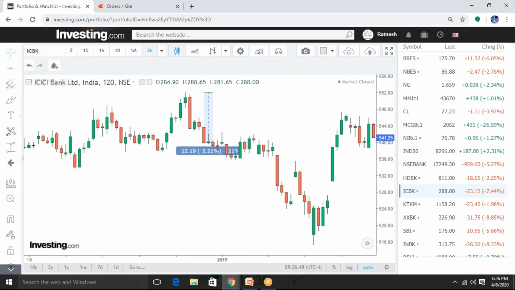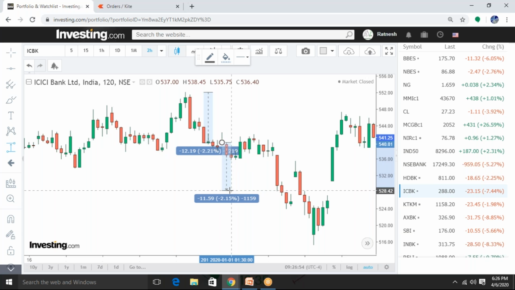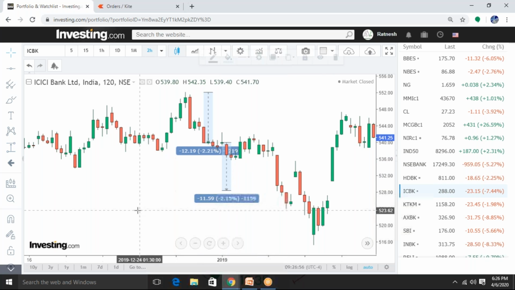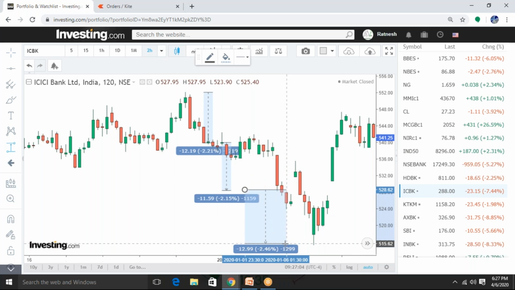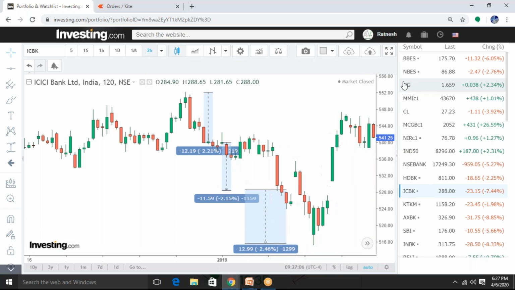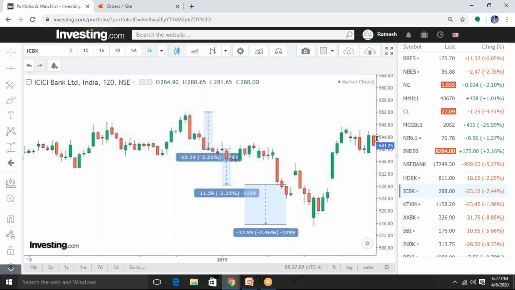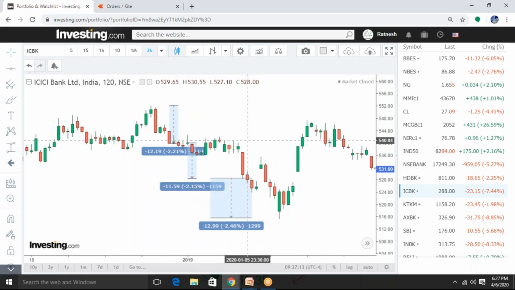So target one should equal 2%, almost there. Similarly, target two is the next 2%. So it gave almost two targets, which is not bad. It is a 2 hour chart, so it took some time because it is a positional call. Clearly, you observe some selling at this level.